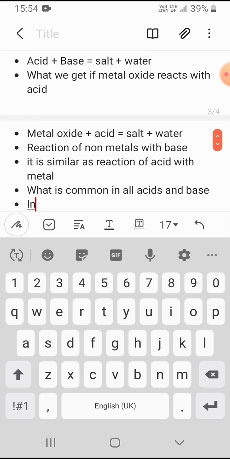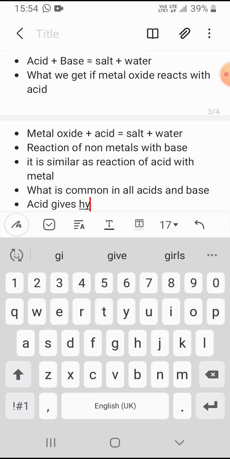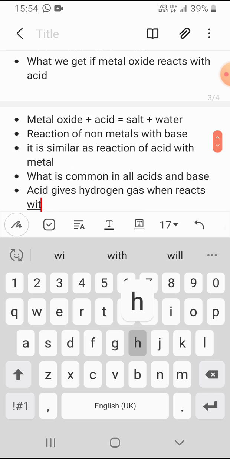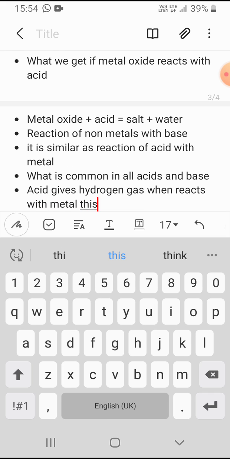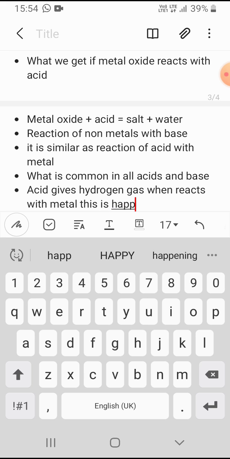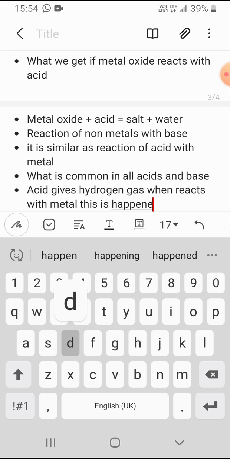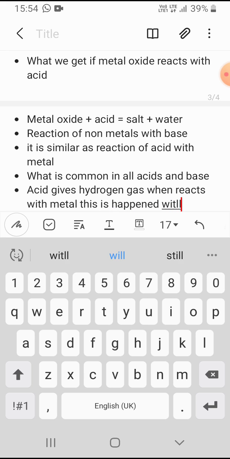Acid gives hydrogen gas when it reacts with metal. You all know that when it reacts with metal it gives hydrogen gas. This happens with all acids.